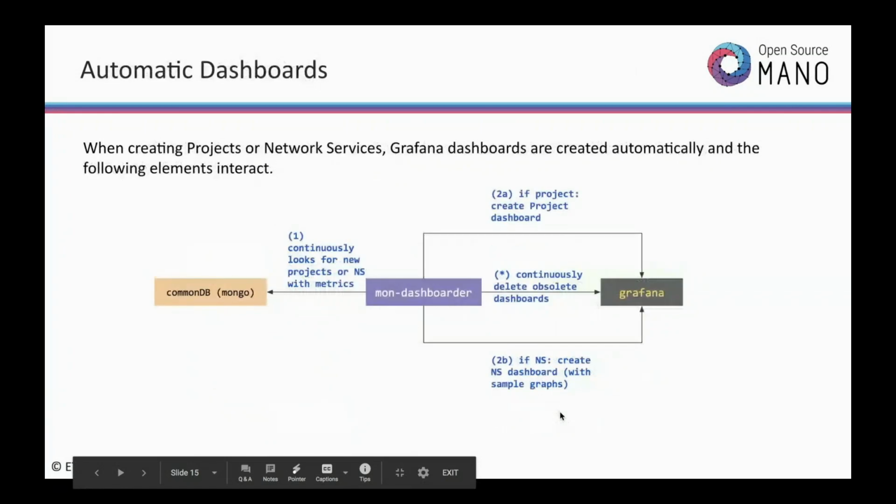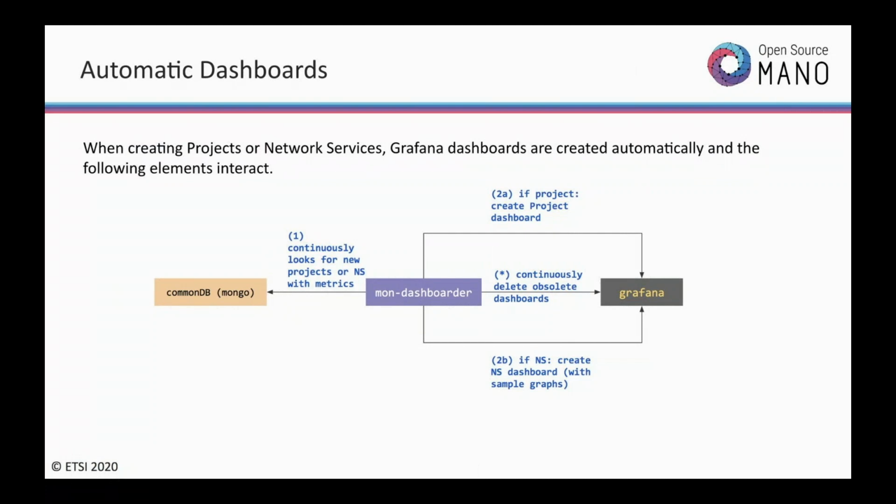Then we have a new service which is called MON dashboarder, which is sort of a prototype in a Docker Swarm installation, which is being ported to Kubernetes soon. What it does is continuously look for new projects in OSM or new network services with metrics, and it creates a dashboard in Grafana automatically.